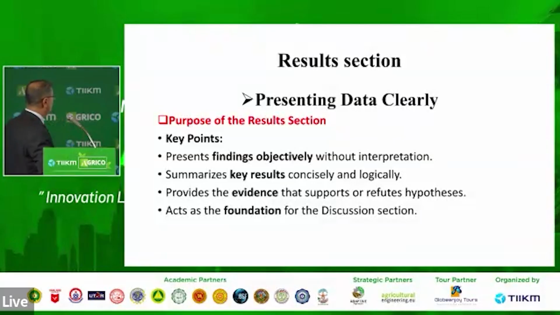So you have to put the purpose of the results section. In this case, you present findings objectively, summarize key results, provide the evidence, and at the same time act as the foundation for the discussion section. Because when I move from the results to the discussion, I should move in a very smooth manner.